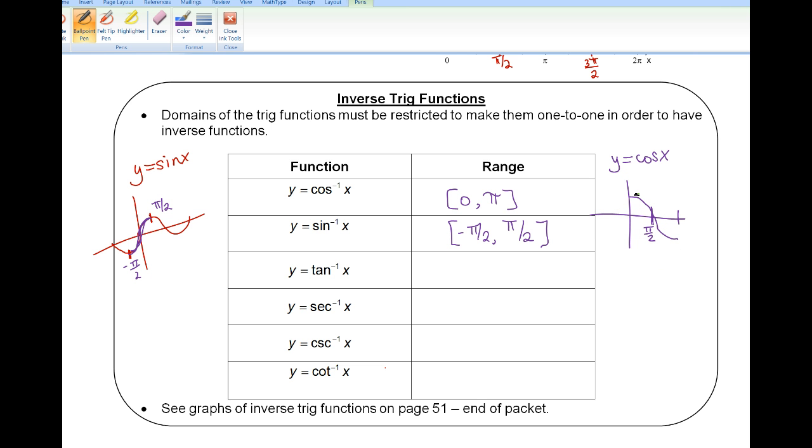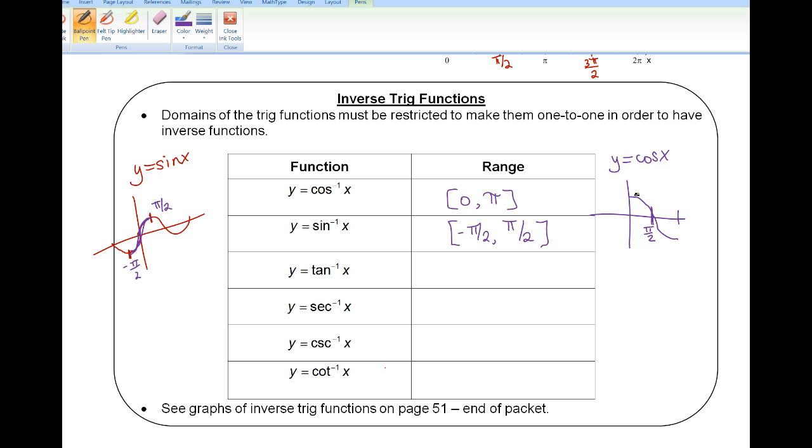And it is brackets for sine and cosine. So if we look at just from 0 to pi, it's 1-to-1. If we did from negative pi over 2 to pi over 2, that wouldn't be 1-to-1. Do you see that? It wouldn't pass the horizontal line test then. So we just need to make sure that it does.